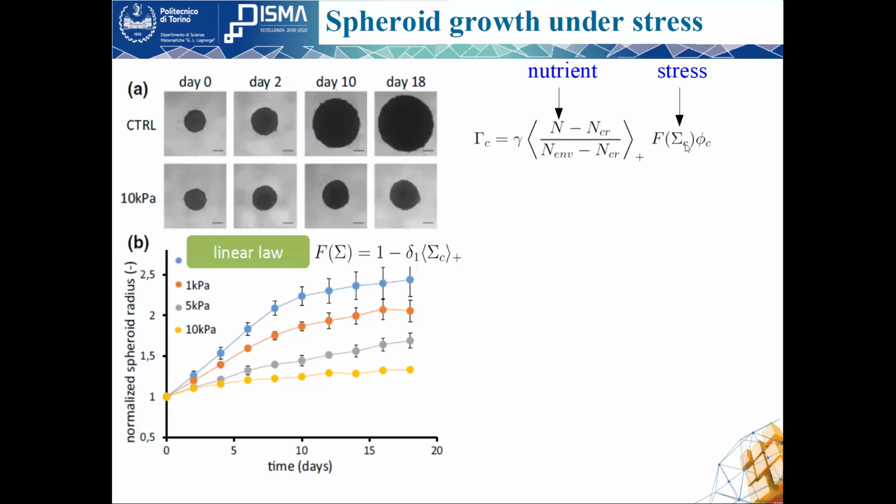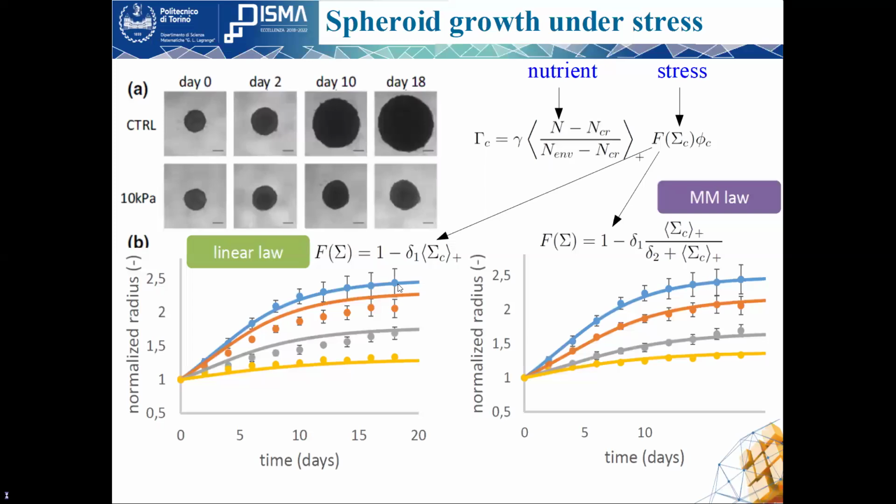And the stress is a function of the volume ratio, as I mentioned last time and also at the beginning of the video. So this is what you have when you apply a linear law of this type: some constant, 1 minus delta 1 times the level of stress. Okay?